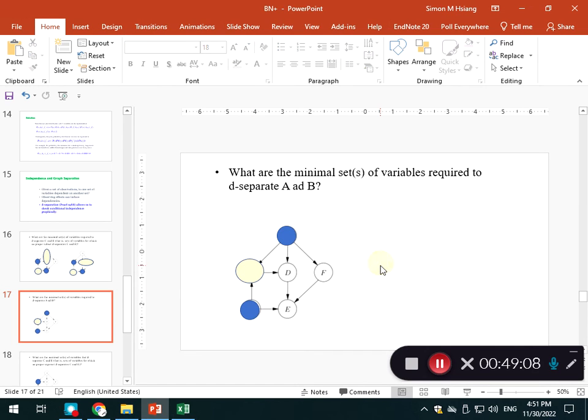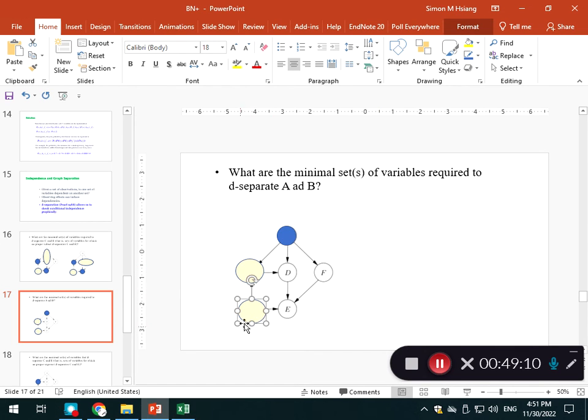And then you can say, how about just blocking this guy? But you still have to block F for A and B not to be connected. Well, you still have communications going on here for the outcome.